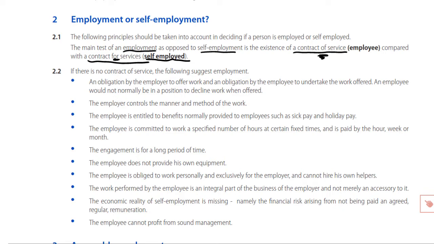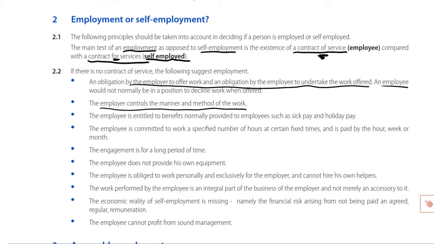Again, very obvious ones. If the employer controls the manner and method of work, that therefore would appear to take on the position of employment there. An obligation by the employer to offer work and an obligation by the employee to undertake the work offered.